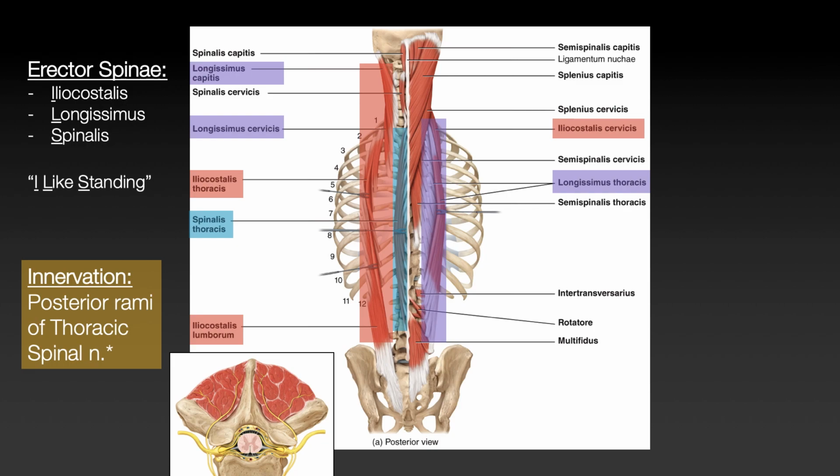This was from the section on the spinal cord to remind you these are the posterior rami that immediately branch when they leave the intervertebral foramen, travel past the transverse process of the vertebra into the deep muscles of the back. And these are the spinalis muscles. So innervation for any of these muscles, whatever level you're at, easy. Posterior rami of the spinal nerves.